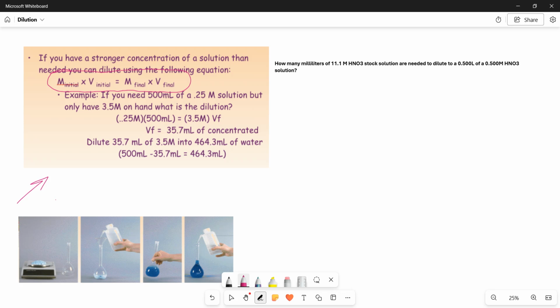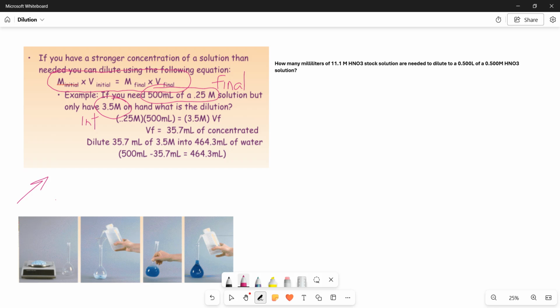And so if we look at the example that I already have solved here, it says if you need 500 milliliters of a 0.25 molar solution, but only have a 3.5 molar solution on hand, what is the dilution? So the 500 milliliters and the 0.25 is going to be our final values, and this 3.5 molar is our initial concentration.